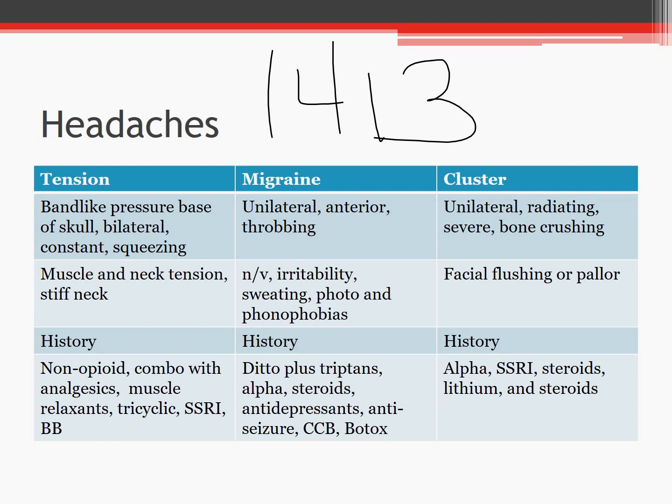When someone has a migraine, it is usually unilateral, meaning that it is just happening on one side of the head, anterior in nature, and throbbing. It usually or can have a trigger, and so a lot of times people can actually pinpoint or identify an event or a factor that caused the onset of the migraine headache. And a lot of times they will have what we call an aura, meaning that it precedes the headache.